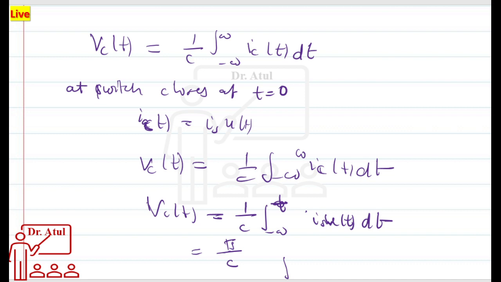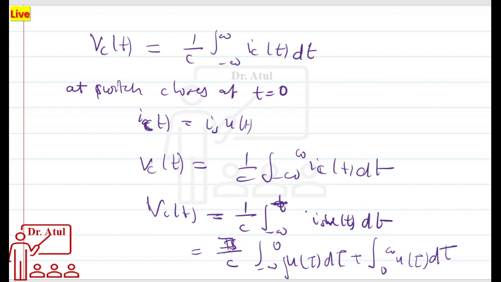Now this will be IS upon C, minus infinity to 0 of u(tau) d tau plus 0 to infinity u(tau) d tau.